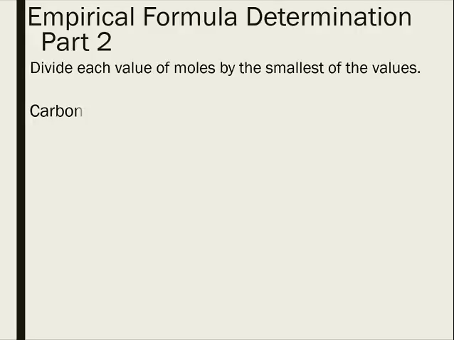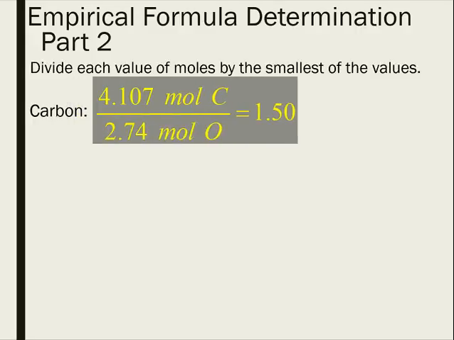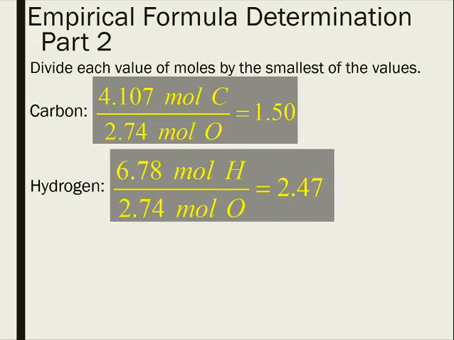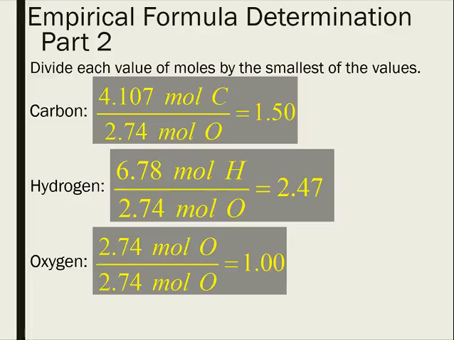So we will divide 4.107 by 2.74. We'll get 1.50. We'll move on for hydrogen. We'll take the 6.78 moles of hydrogen, divide it by 2.74 moles of oxygen, again, because it's the smallest value. Then we get 2.47.